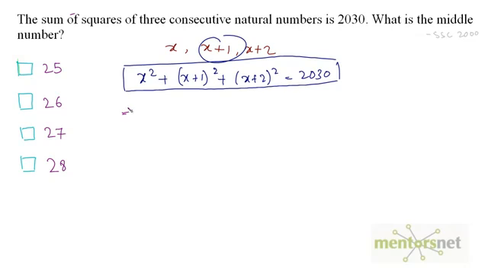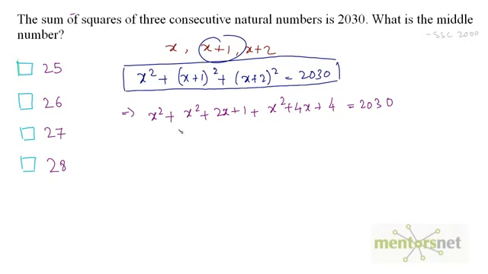So this is equal to x square plus (x plus 1) whole square, which is x square plus 2x plus 1, plus (x plus 2) whole square, which is x square plus 2 times 2x, which is 4x, plus 2 square, which is 4, equals 2030.